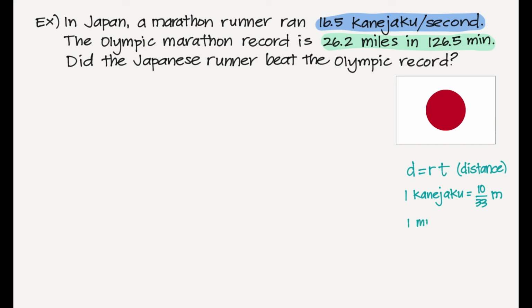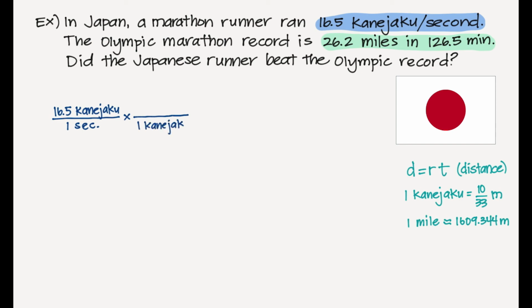Additionally, since I want to know it in miles, 1 mile is equal to just about 1,609.344 meters. All right, so now with that information, let's go ahead and figure this out. We need to convert that 16.5 kenjaku per second into miles per minute to see if it is faster than the Olympic marathon record.